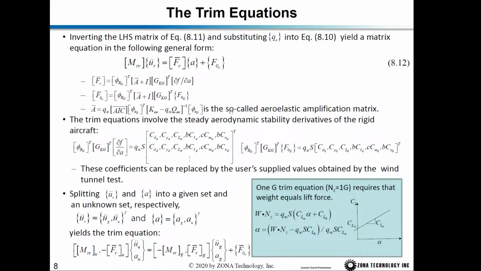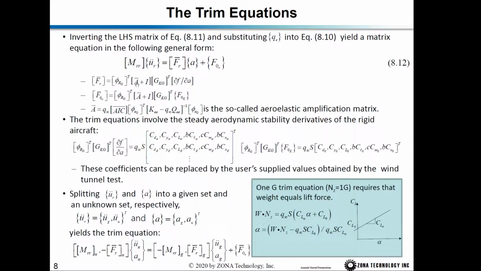This is the so-called aeroelastic amplification matrix. If you don't have A bar, this becomes a trim equation for the rigid body aircraft.